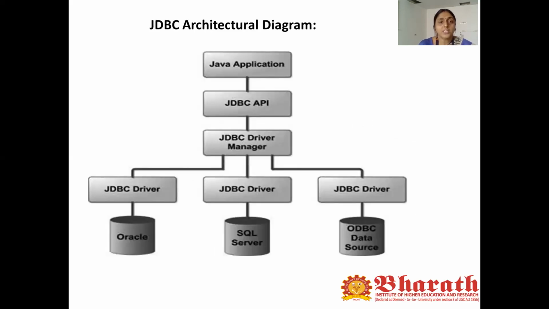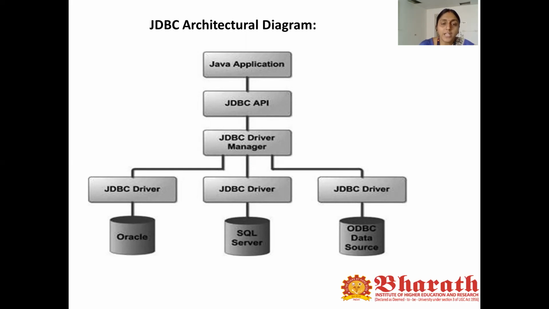And now we will see the JDBC architectural diagram. You can see the upper end here is the Java application front end which the user can see, through which the user can interact, followed by it, the second component here is the JDBC API, Java Database Connectivity Application Programming Interface, which links the Java front-end application on the client side with the backend, that is the data source.